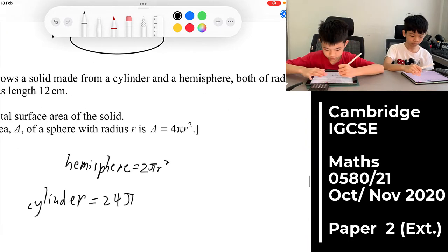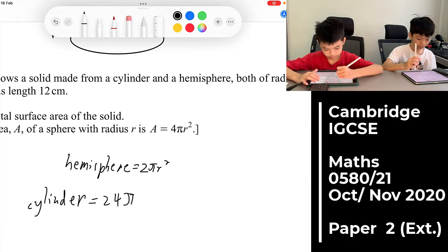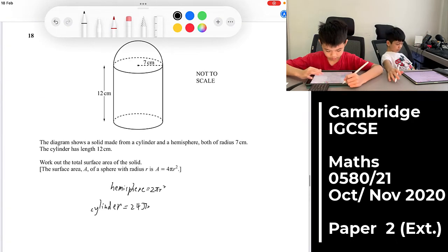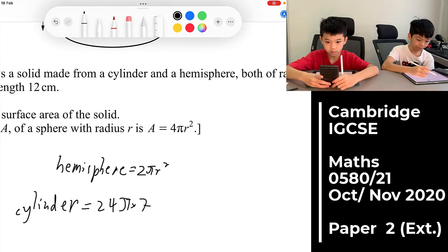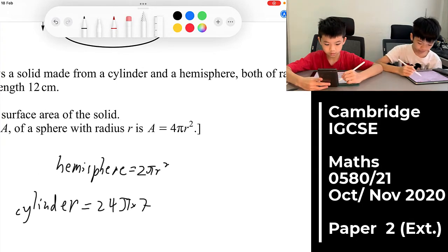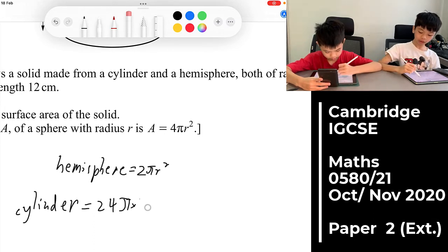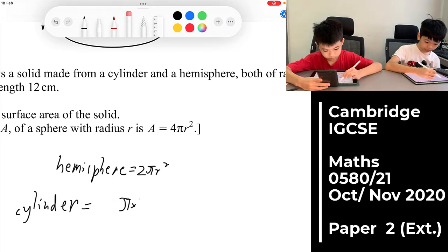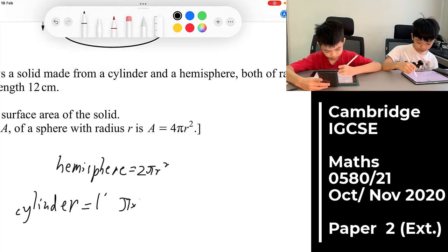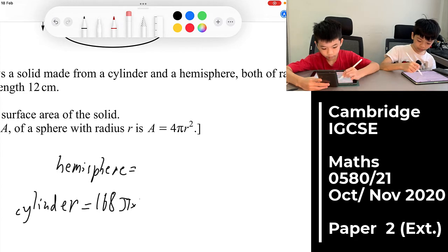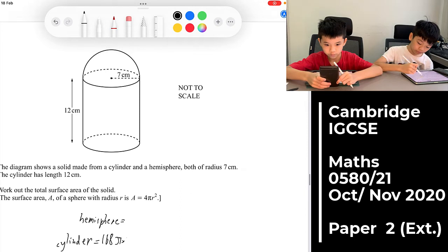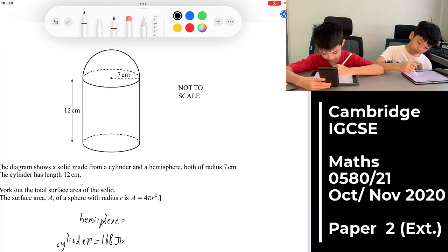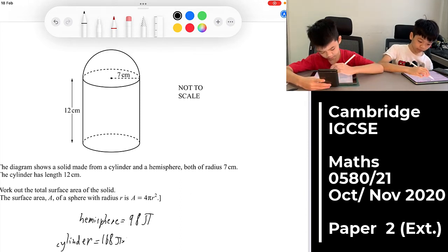No, 24 pi times the radius, which is 7: 168. 24 times 7 is 168. And then 2 times pi r squared, which is 49, would be 98 pi.